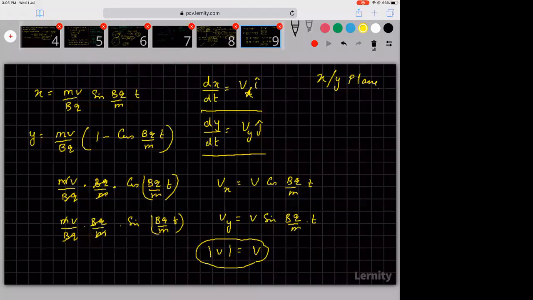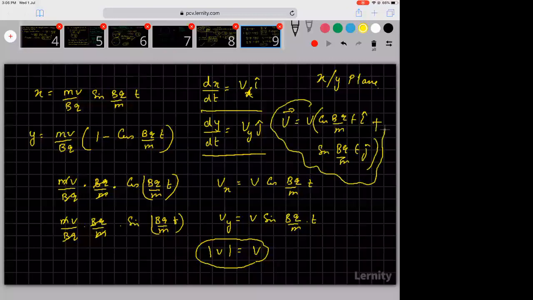So the velocity does change, and the velocity vector v is equal to v cos(Bqt/m) i cap plus v sin(Bqt/m) j cap. Very clearly the particle is moving in the xy plane, and this is how the velocity of the particle changes.